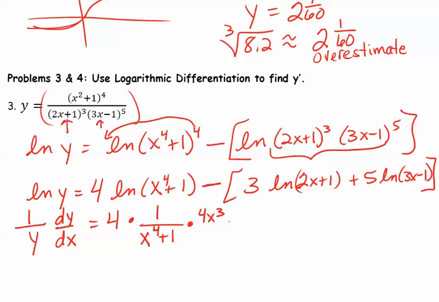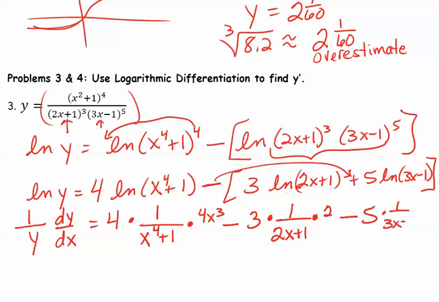Okay, now I'm going to distribute that minus sign and put it on each term. So here the derivative of the natural log of that glob is 1 over the glob times the chain rule on the glob. And then this minus sign is distributing here. So the next one's also negative. Keep the 5 in front. The derivative of the log is 1 over the glob times the chain rule on the glob.